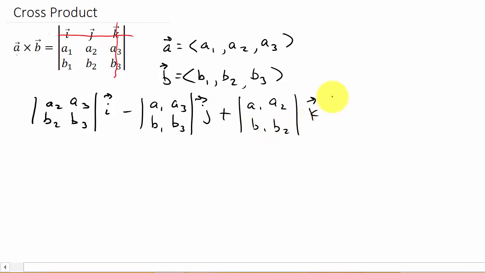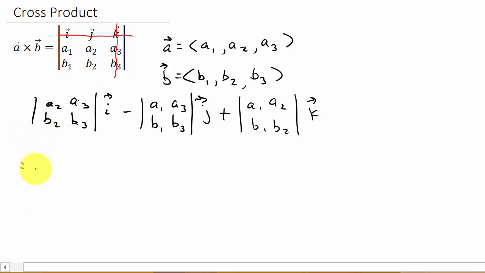Now, do you remember how to find the determinant of a 2 by 2? Remember, it's just this times this minus this times this. You multiply the diagonals and you subtract them.